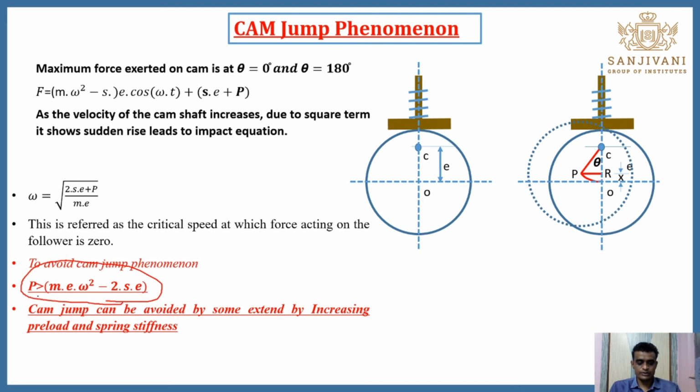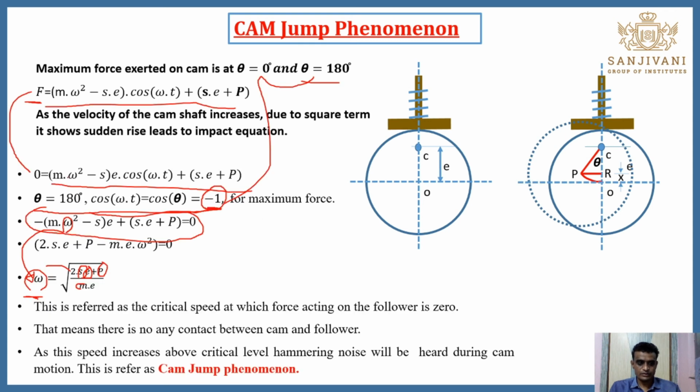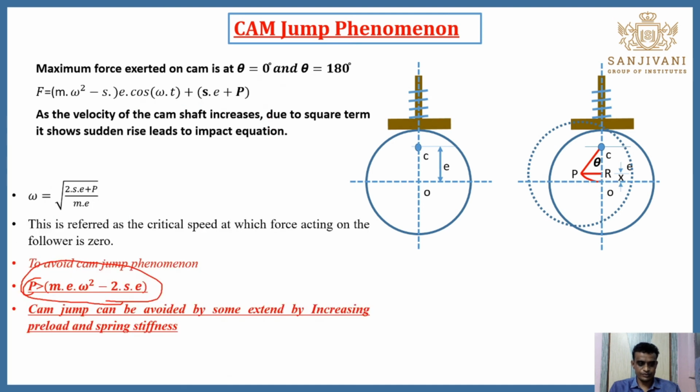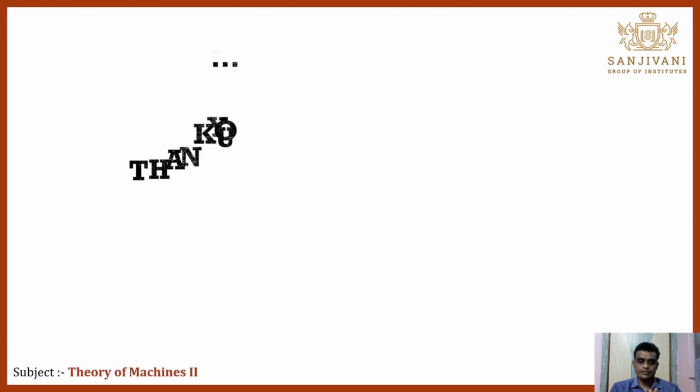That means while deciding the preload, it should be greater than M E omega square minus S E. Only then does it have a significant value, and with this we can avoid the cam jump phenomenon. By increasing the preload and the spring stiffness, we can avoid the cam jump phenomenon.